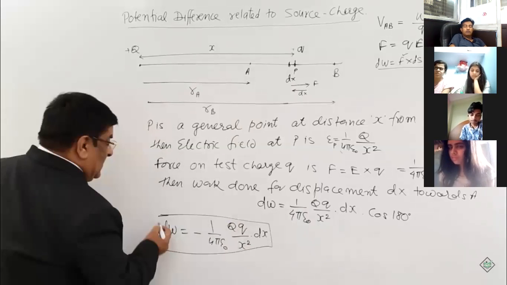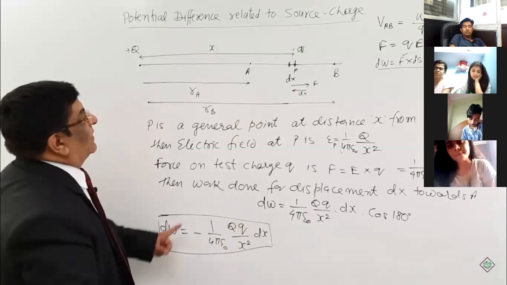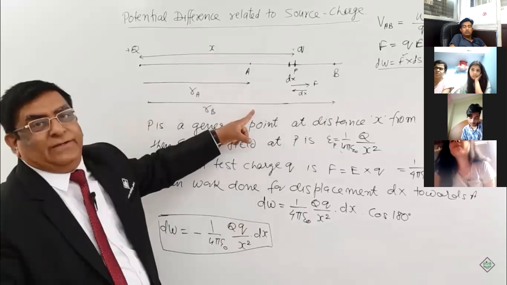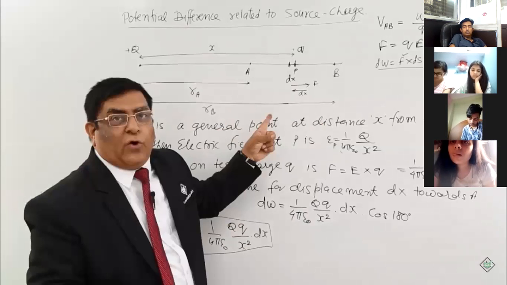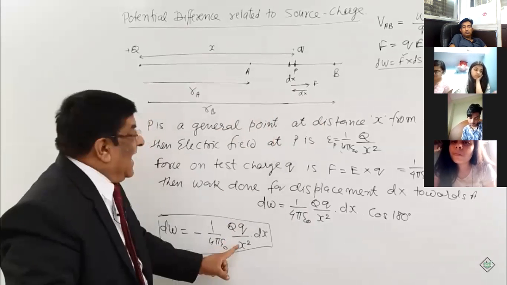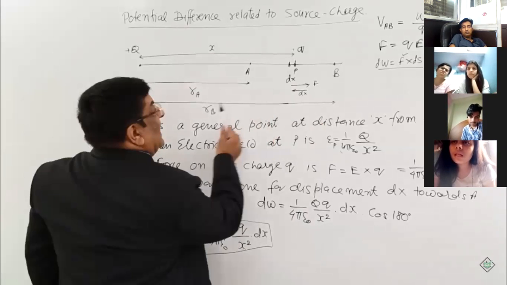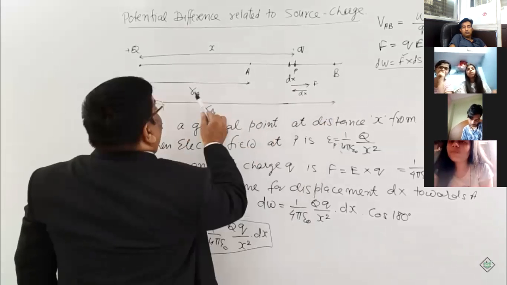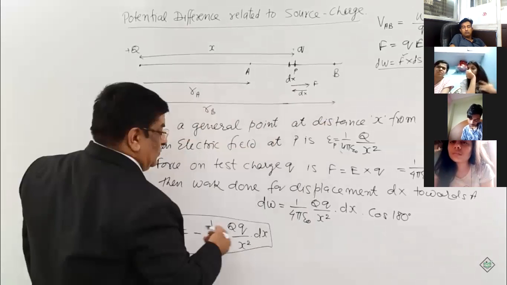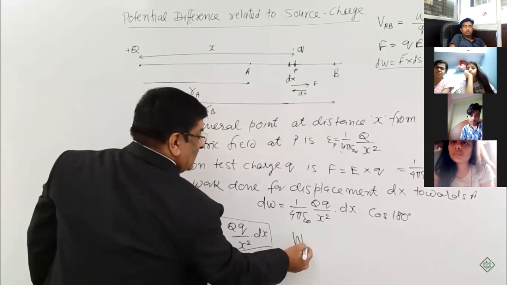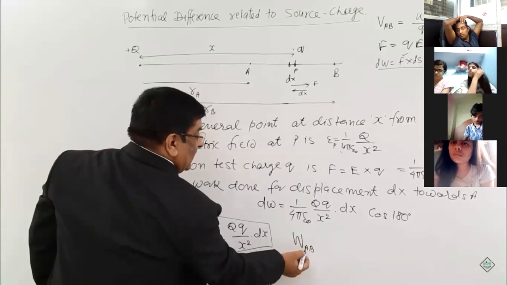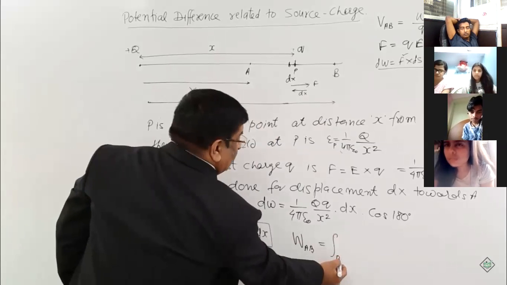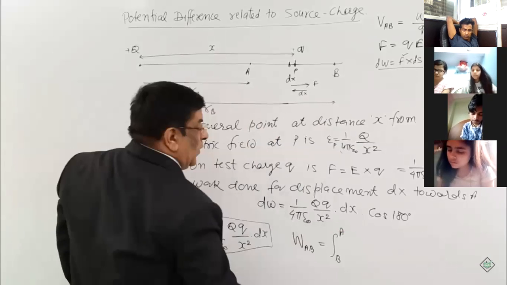Now we want to calculate the total work done from distance RB to distance RA. What are these values for? These are the values of x. Once we make x as RB, then we make x for RA. So total work done up to A from B is equal to integration B to A of what?